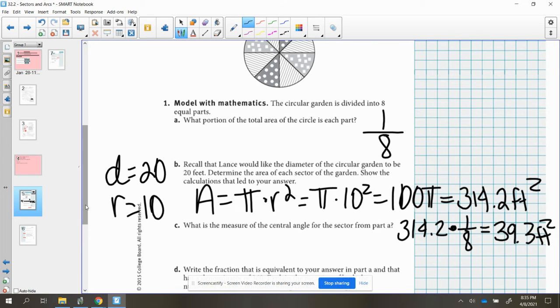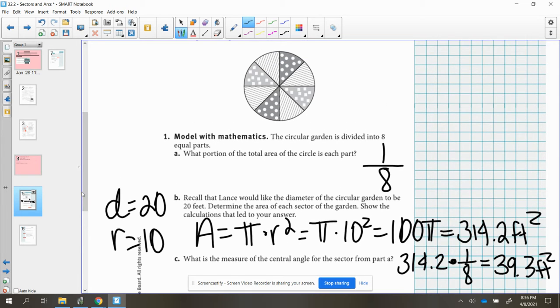Now, if we look back up here at the circle, we talked a lot earlier in the year about how the central angle of our circle is equal to its arc measure, degree-wise. In this case, we have 8 equal central angles, and the whole circle has 360 degrees. If we divide that by 8, or multiply it by 1/8, each of those angles comes out to be 45 degrees.